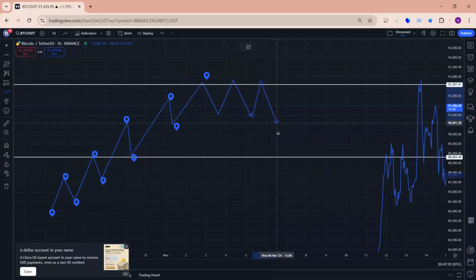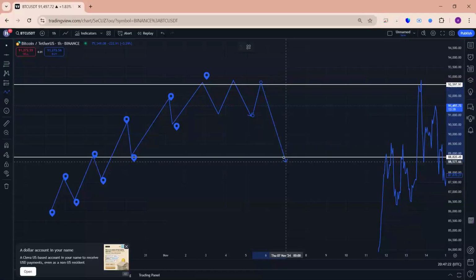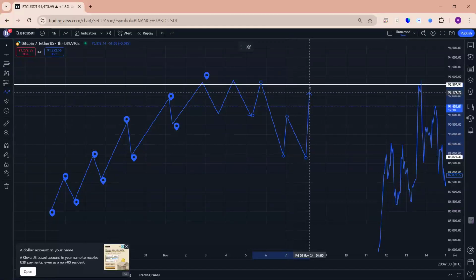Then it moves down, coming to this level. When it gets to this level, it comes up, comes down, moves up, and touches this level again, doing something like this.